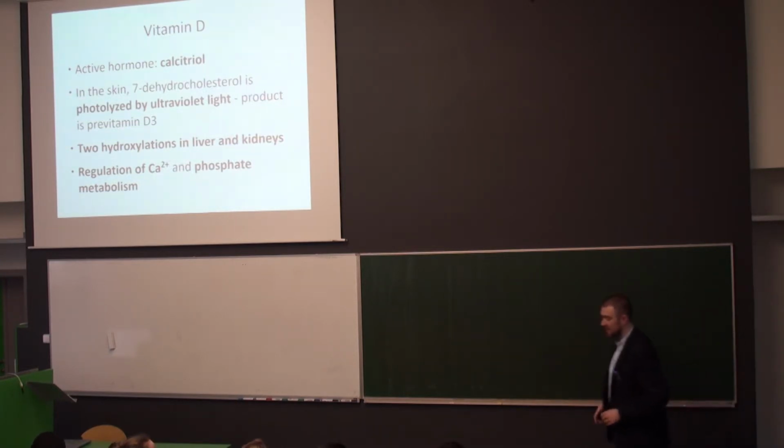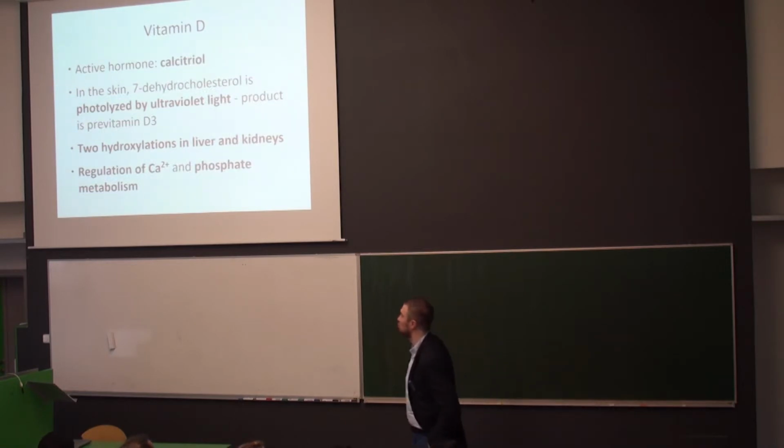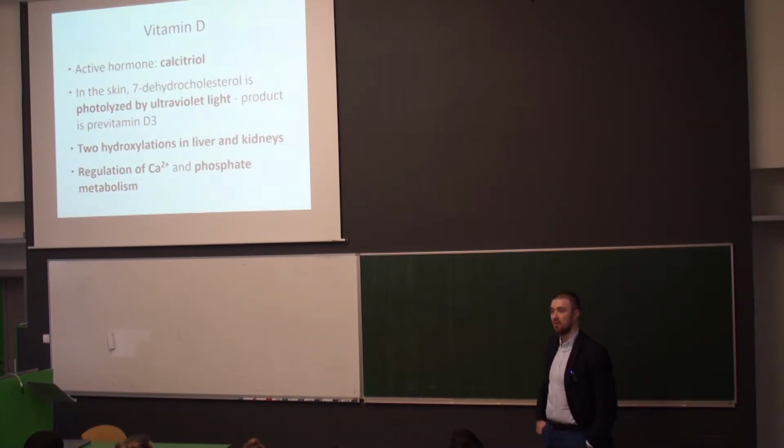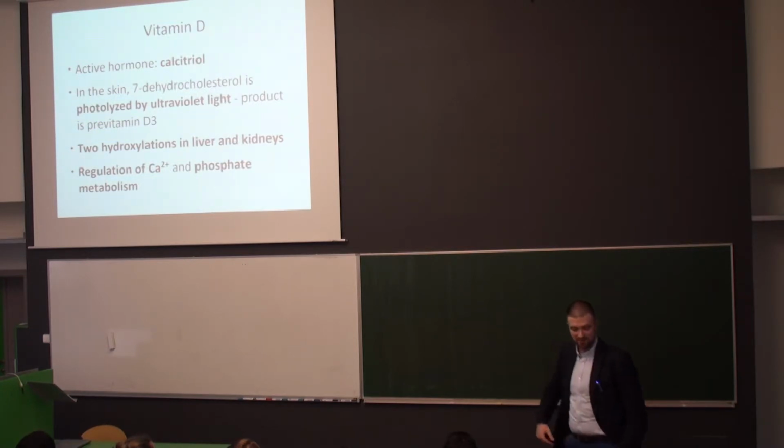The second, which is mentioned here only so that you do not mix it up with steroid hormones, is vitamin D and calcitriol. The question is, is this a steroid hormone? And why not?